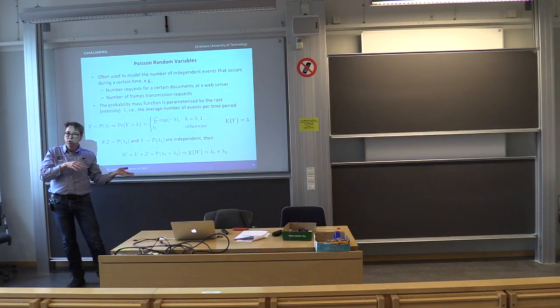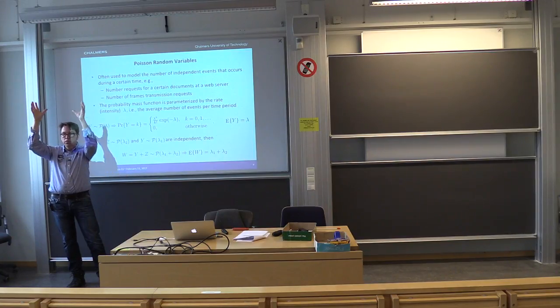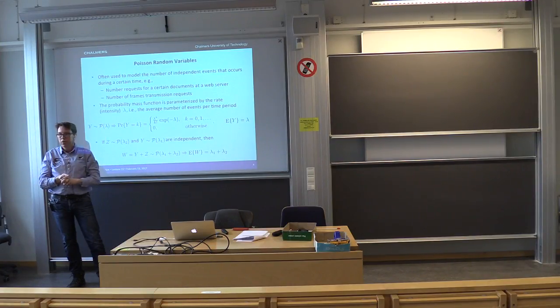For analysis, we typically model the arrival times, that is frames arriving from above, as Poisson data traffic, which means that they arrive at a certain rate, but not at a constant rate. So every now and then I can get a lot of frames, and every now and then I don't get a lot of frames. On the average, however, there is a certain rate.